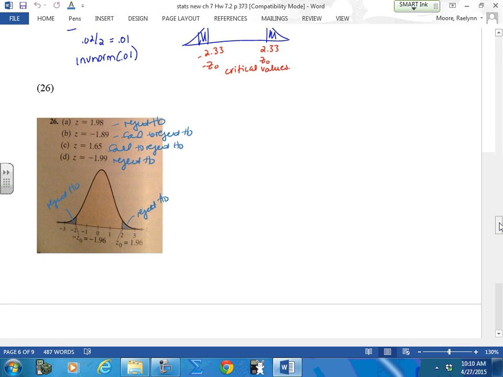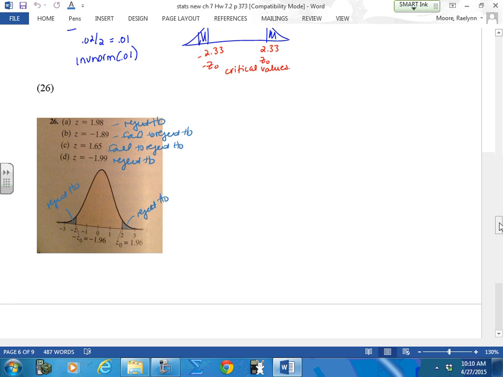This is where I like the reject. Because here's your cutoff point. 1.98 clearly falls to the right. This is a number line. To the right of 1.96. Think of money. $1.98 is more than $1.96. So I'm in the reject H0 zone. That's my decision.